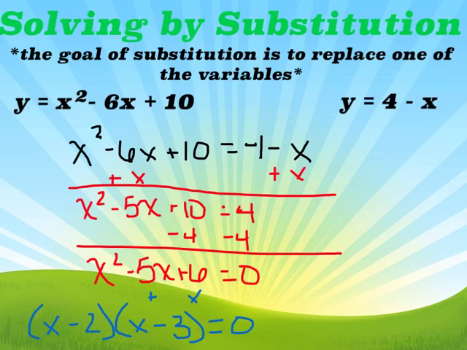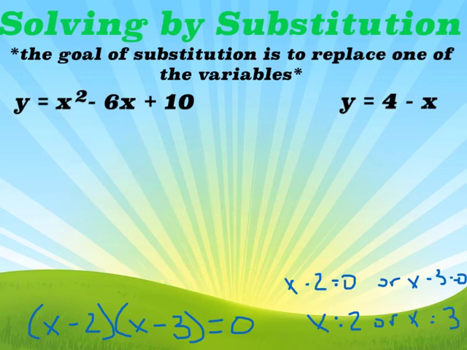Looking at that, we can see that our solutions will be x minus 2 equals 0 or x minus 3 equals 0. Solving it out, we have x equals 2 or x equals 3. So we have our x values, but now we need to find our y values. I'm going to take the second equation, y equals 4 minus x.